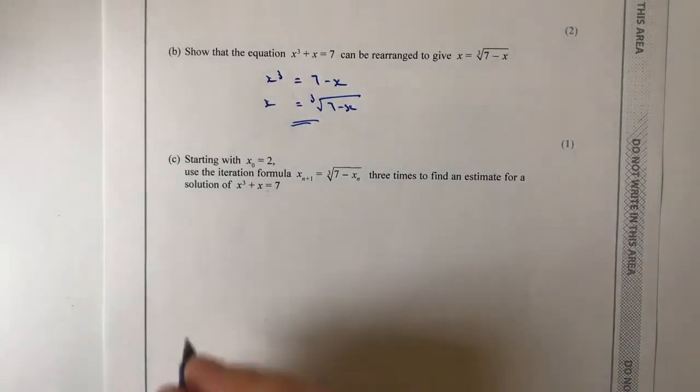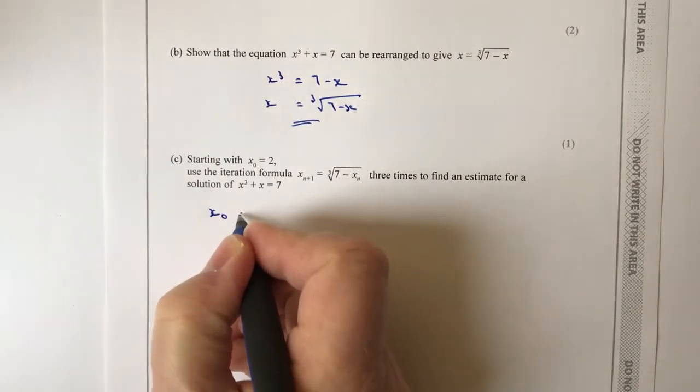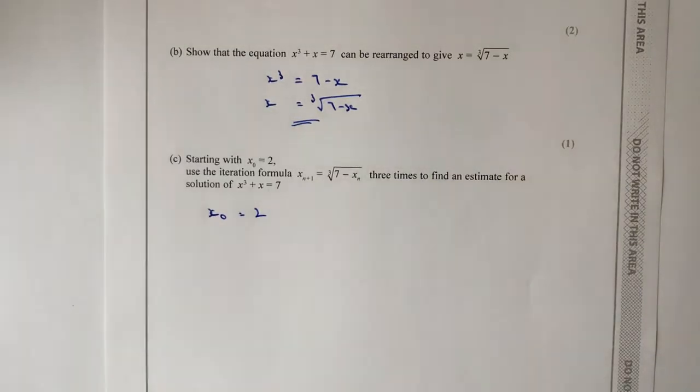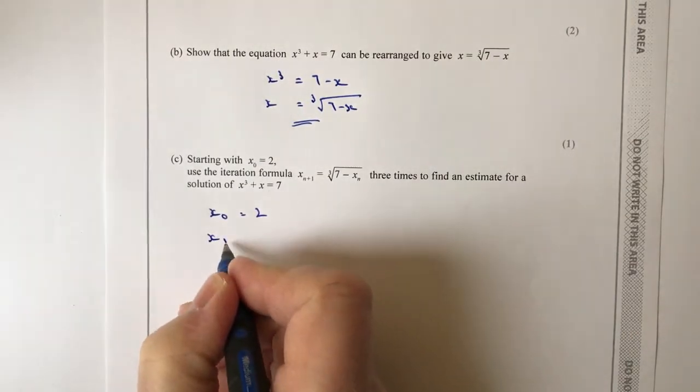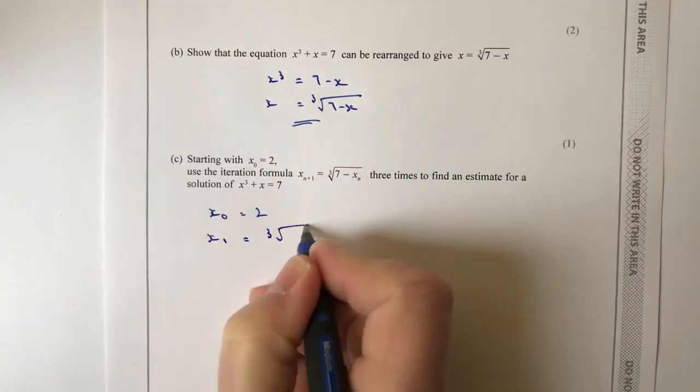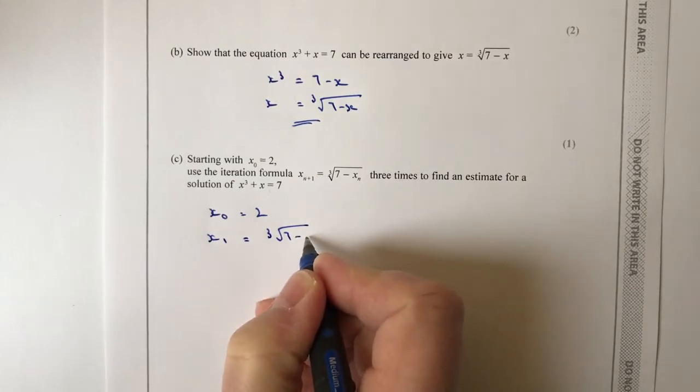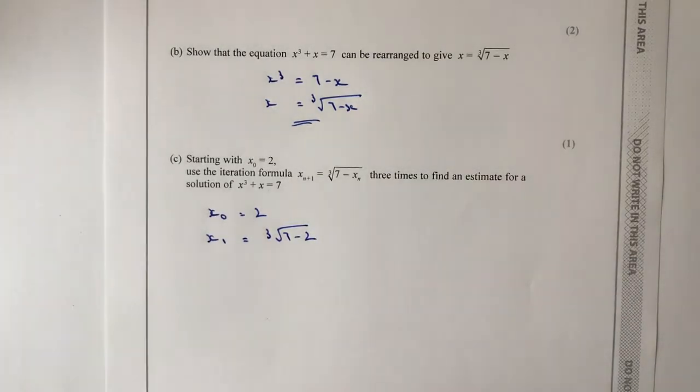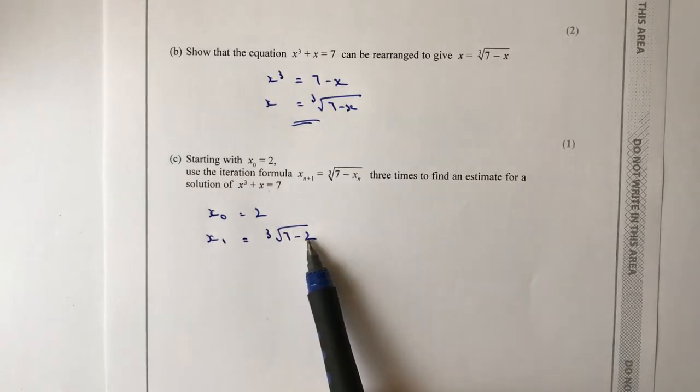Okay, so I'm going to start with x0 equals 2, which is exactly what they asked us to do, and then I'm going to take that value and I'm going to plug it into the iteration. I'm calling x1 the cube root of 7 minus 2. Okay, so this 2 gets plugged into here.